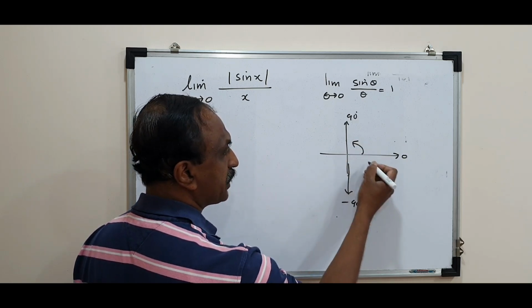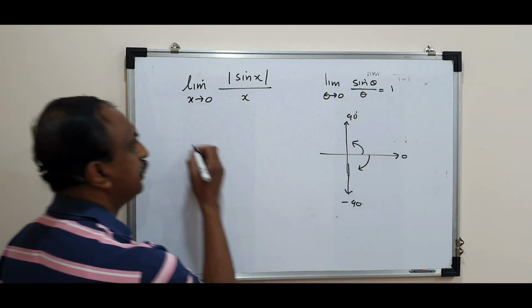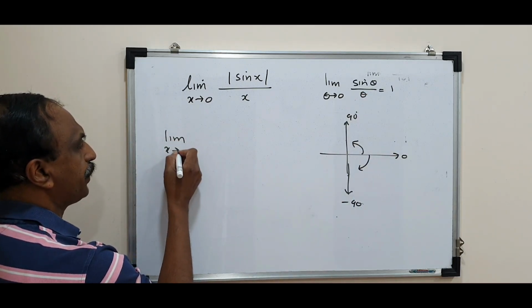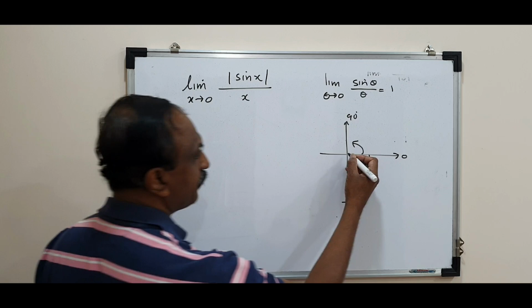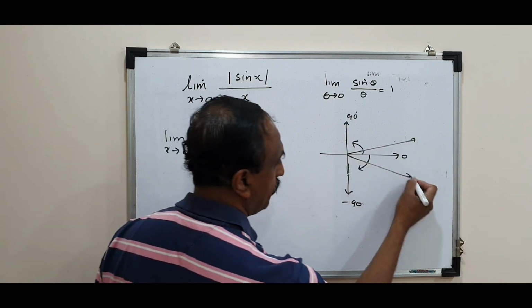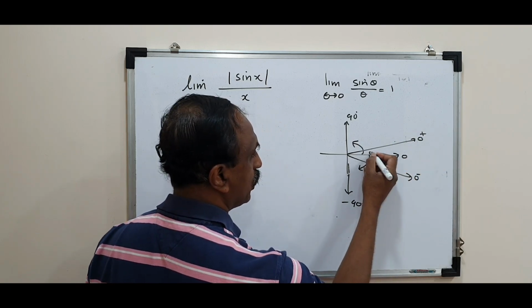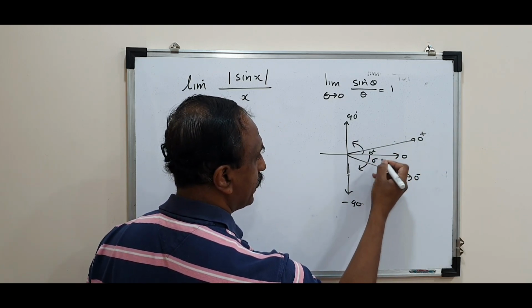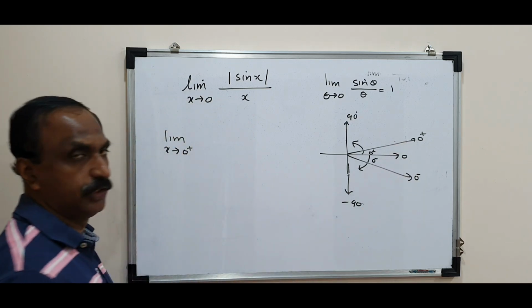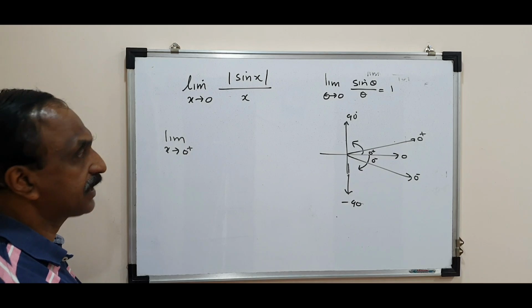If you rotate to plus 90 or to minus 90, there are two possibilities. Limit x tending to 0 plus means the first quadrant, and limit x tending to 0 minus means the fourth quadrant. So the angle for 0 plus will be in the first quadrant and for 0 minus in the fourth quadrant. Let's have a look at it.